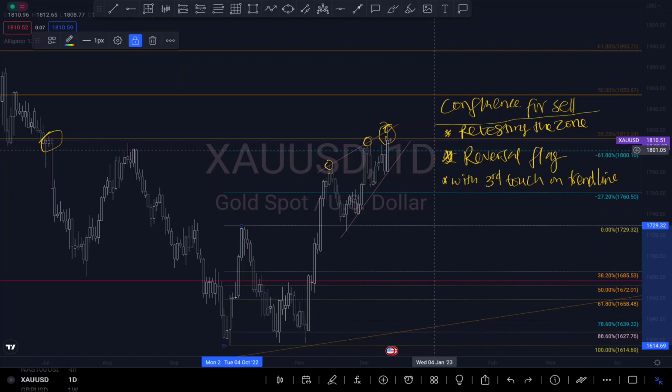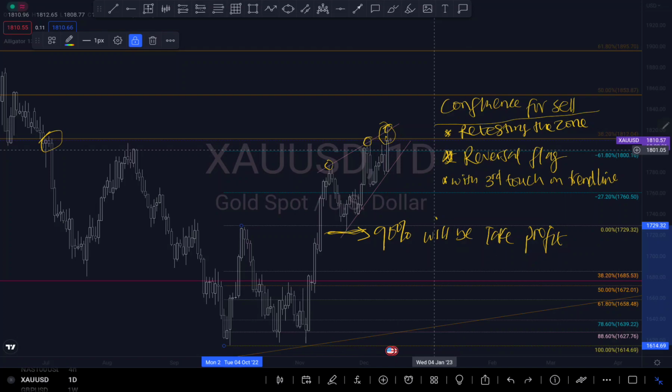So we should always use proper risk management. So just because I haven't found a point to put my Fibonacci, if I'm going to take my trade at this level, this 90% right here will be my take profit. So if I see a drop right here, that will be my take profit.